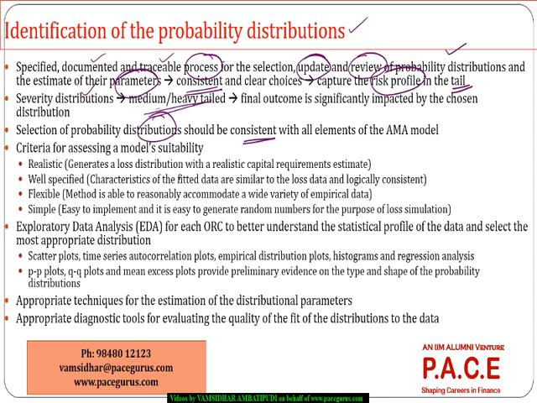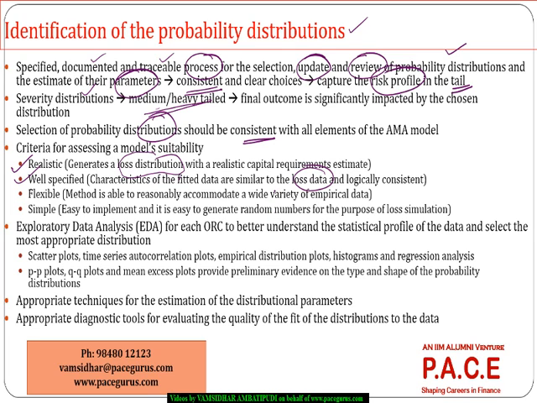So what are we looking at when we are creating a model for the probability distribution? One, it should be realistic. The loss distribution that it is generating should be in line with reality. It should be well specified. Whatever model we are fitting to the data should be more or less similar and consistent with the loss data.